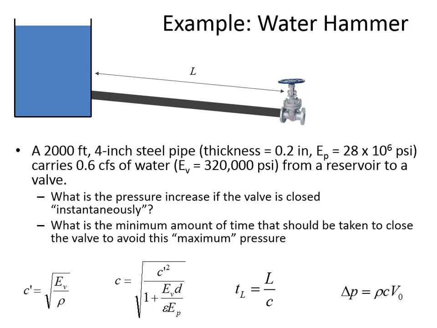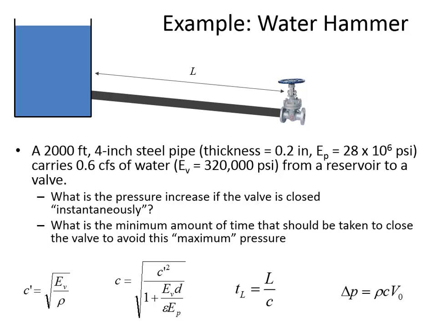And now we have to multiply it by the 28 times 10 to the 6th pounds per square inch, which is the pipe property. This is the E sub p value for the pipe, bulk modulus elasticity for the pipe, and convert it from inches squared to feet squared times 144 inches squared per feet squared.